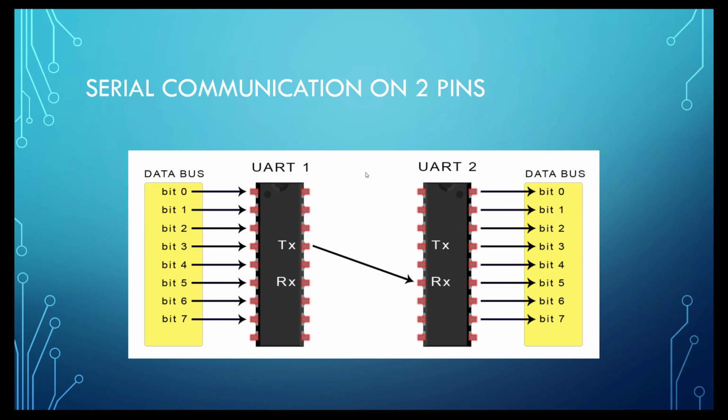The data transmitted from one device is on the TX pin, and it's received on the RX pin of the other device. And since it's a serial communication and not a parallel communication, it's going to take 8 times longer than the parallel communication.